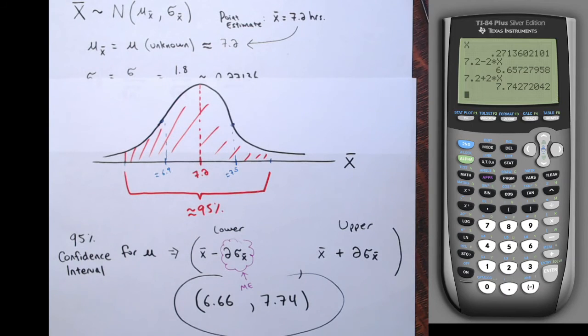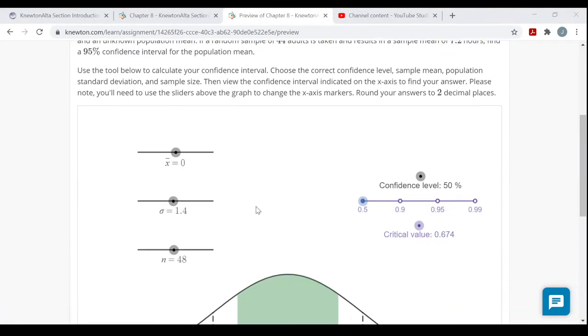Okay, now let's go to the website and play around with these. Now you've got to move the dots around. This is for x bar, 7.2, right there. That was our sample mean, our point estimate.